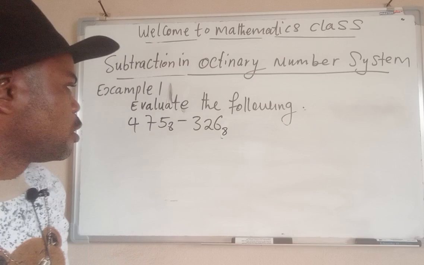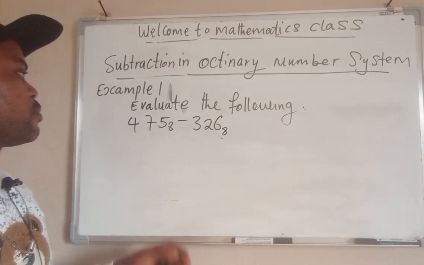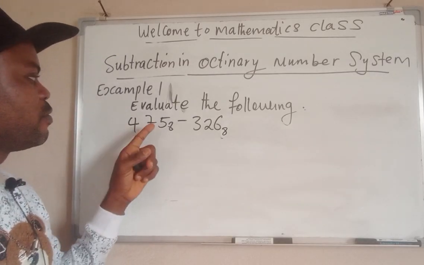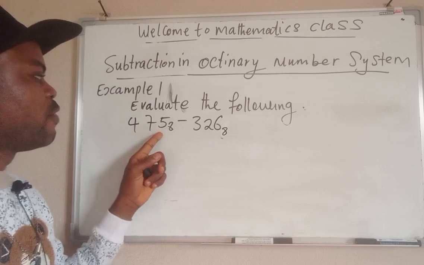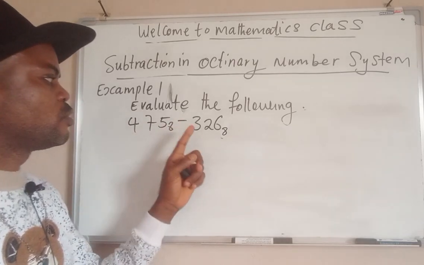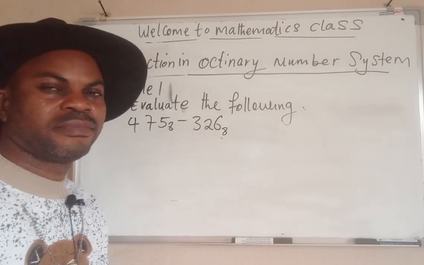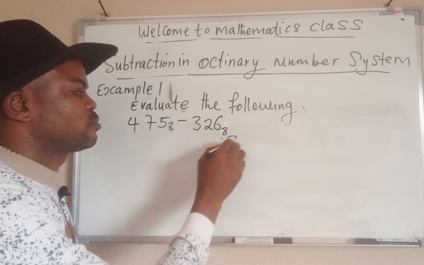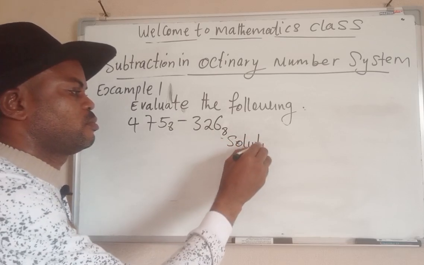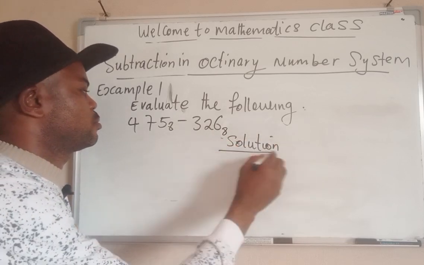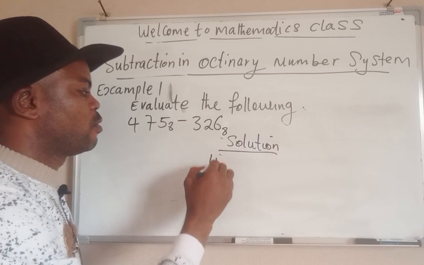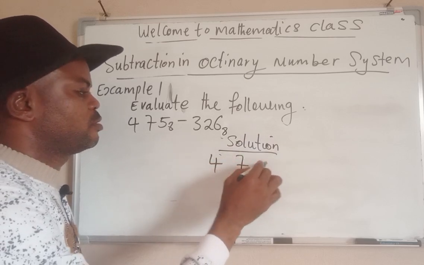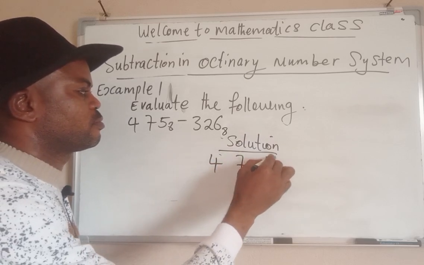So the question says, subtract 475 base 8 minus 326 base 8. Solution. Right, 4, 7, 5.